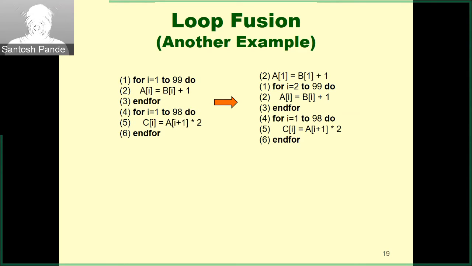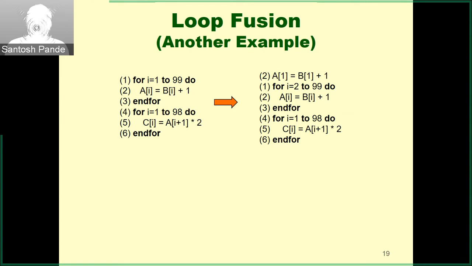So right off the bat, even if their number of iterations were exactly equal, let's say both 99, if we fuse them, that's going to be a problem, because originally we have a flow dependence here. In the fused version, what we will find is, however, an anti-dependence, because A of I plus 1 will be done before A of I, just like the previous example.